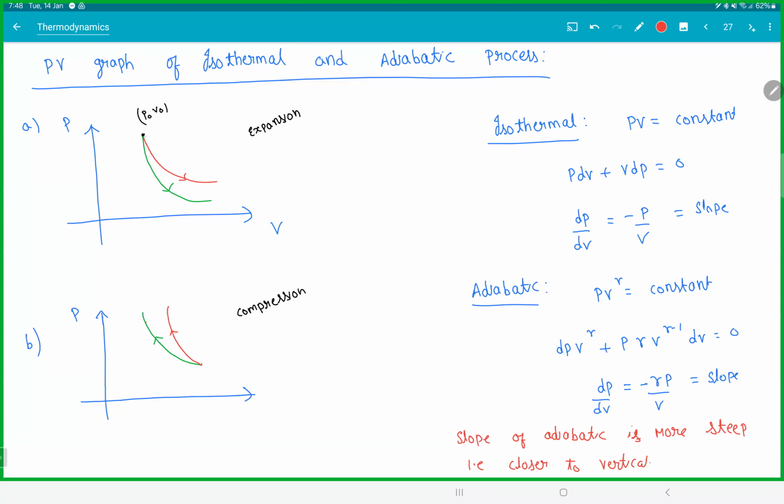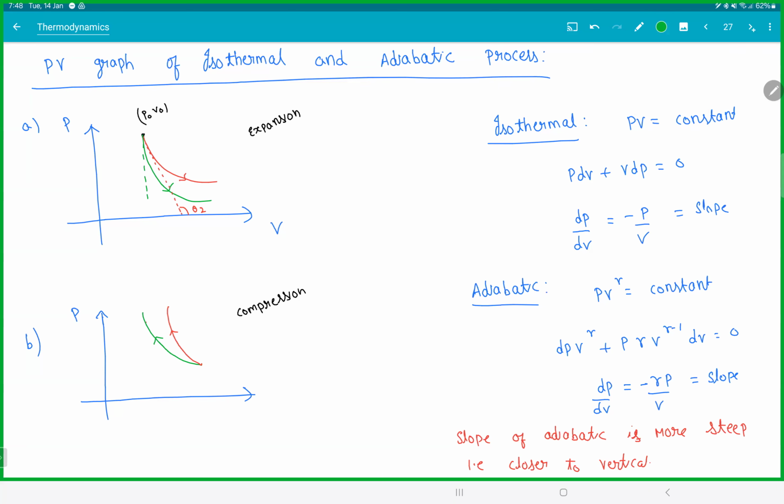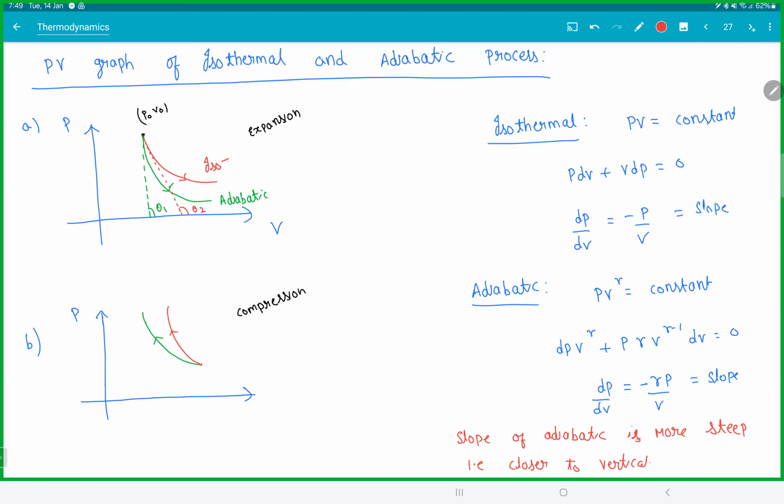Now try to draw the tangents. If I draw the tangent for this red line, let's call it theta2. If I draw the tangent for this green line, let's call it theta1. You tell me which one is more steep. The green one, right? So the green is adiabatic. The red is isothermal.